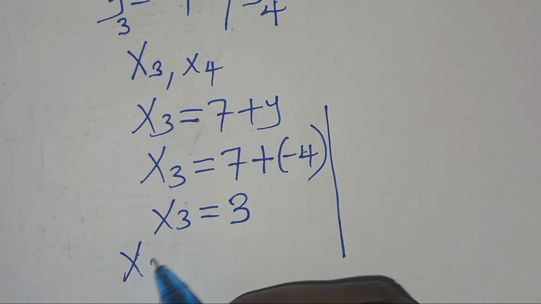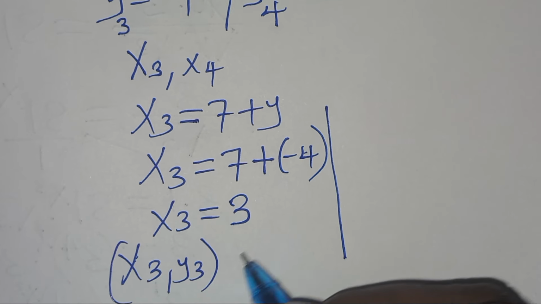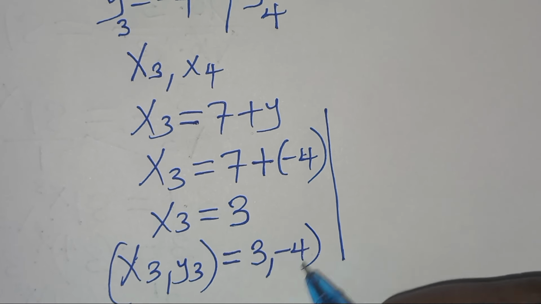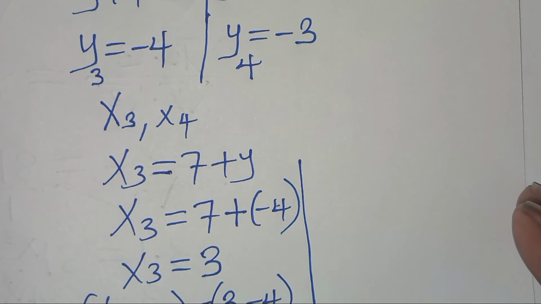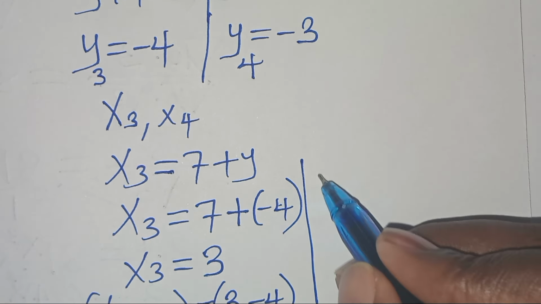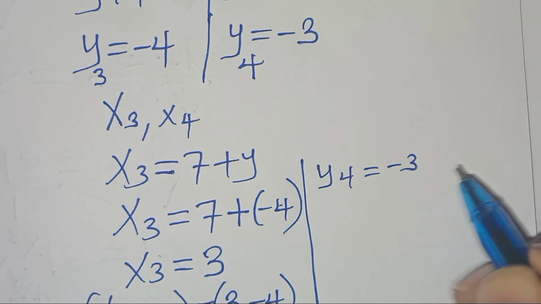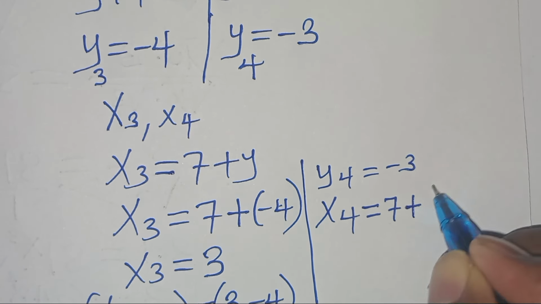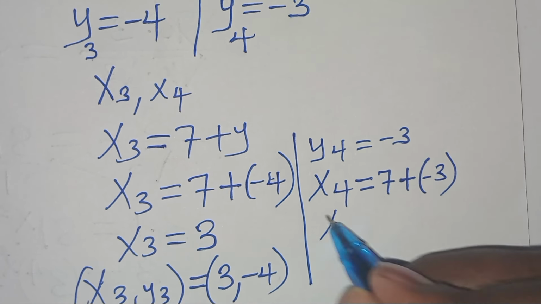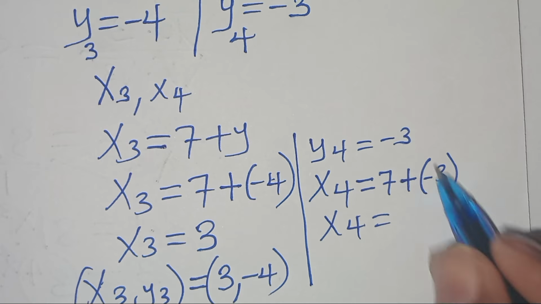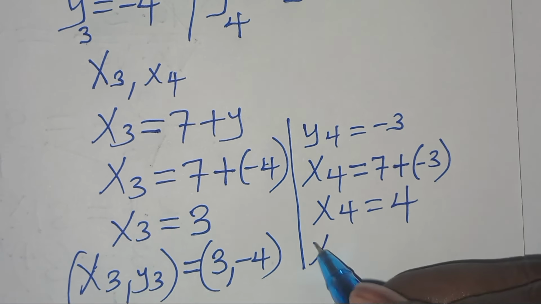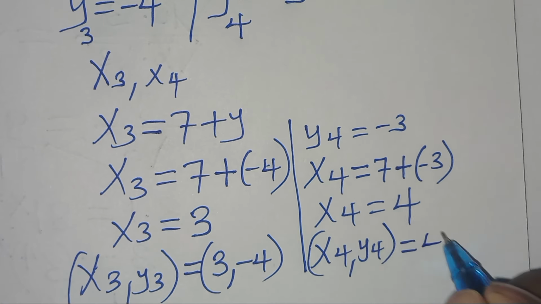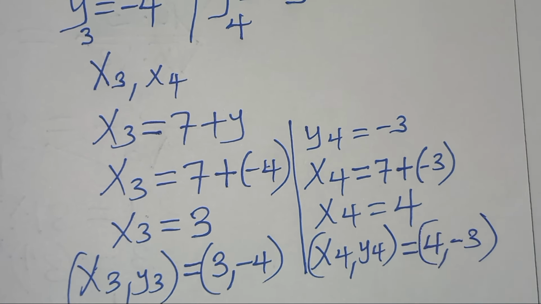So that x3 comma y3 is equal to 3 comma minus 4, and we have that y4 is equal to minus 3. So this means that x4 is equal to 7 plus minus 3, and this means that x4 is equal to 7 minus 3, which is equal to 4. So we have x4 comma y4 equal to 4 comma minus 3.